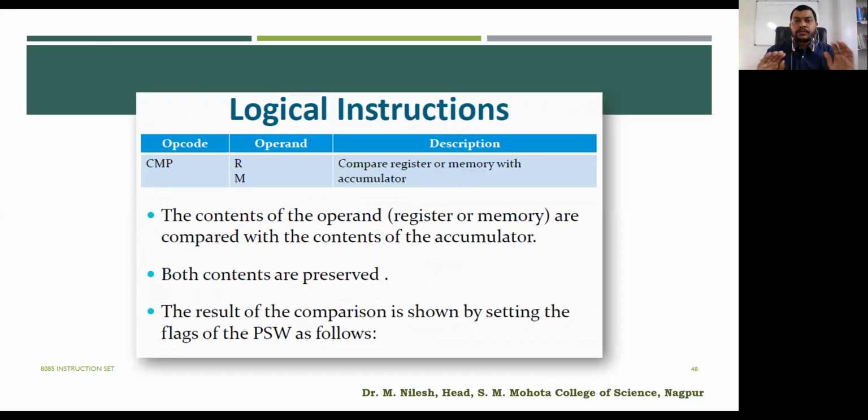They are not going to be changed. This is the basic of that. It just subtracts, and the flags are being affected. Those flags tell us whether the number being compared is equal, greater or less than the data of the accumulator, right? So this is what we are going to use. Remember this. This is a compare instruction, right? All the flags are being affected.